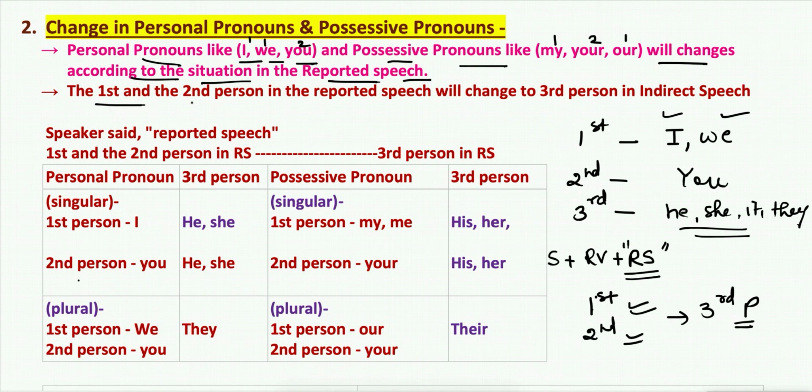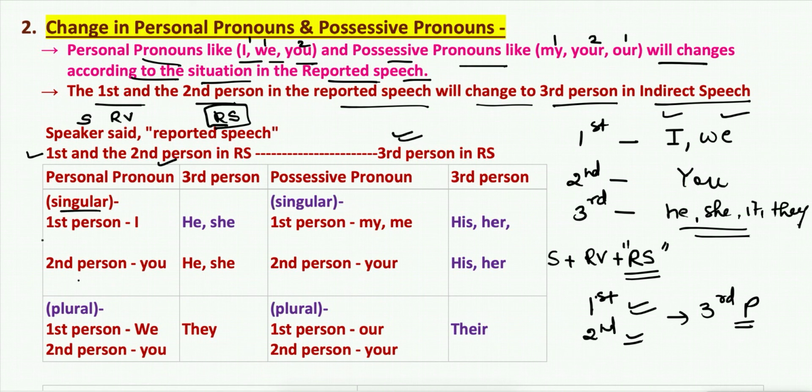The first and the second person in the reported speech will change to third person in indirect speech form. Speaker said reported speech: the speaker, reporting verb, and the reported speech. So remember, we are talking about the reported speech here. If in the reported speech first person or second person is present, it will change to third person.